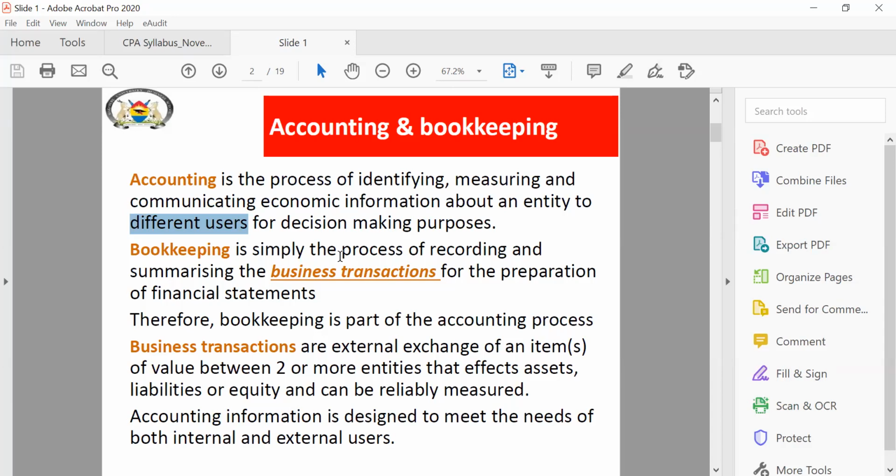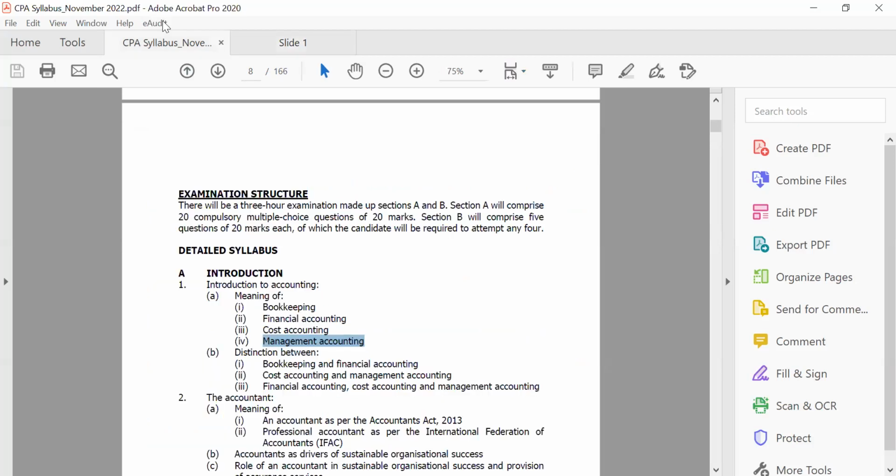So you need to understand how each of these come into play. Very important right there to understand how each of these come through. So we've also tried to understand management accountants. We've understood what a management accountant does.